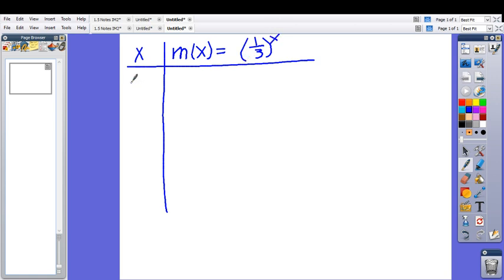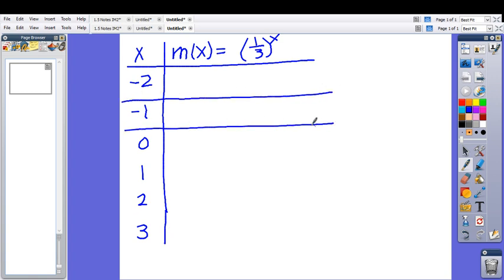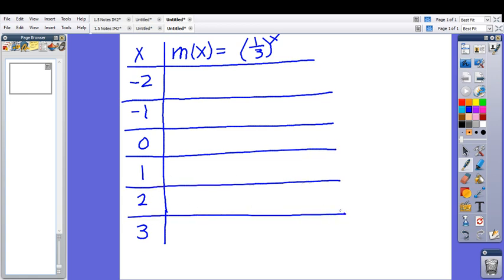Again we are using -2, -1, 0, 1, 2, and 3. We did not pick them. This is what the problem wants us to do, to calculate the function values at these x values.